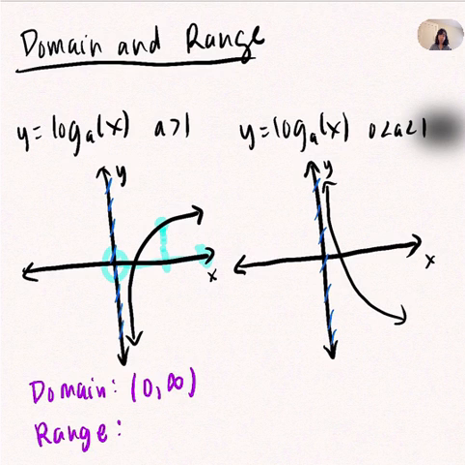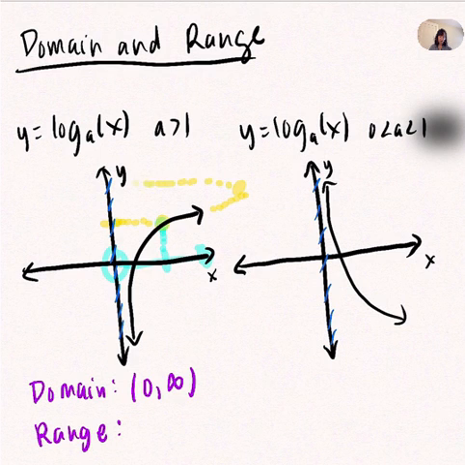So the range is going to be every single number on the y-axis that has a corresponding y value on this graph. So for example, if we look at this point here, we can see that there's a y value that goes with it. Now this log function gradually goes higher and higher and higher forever. So every single point here, if you go over to the y-axis, there's a point on the y-axis that goes with it.